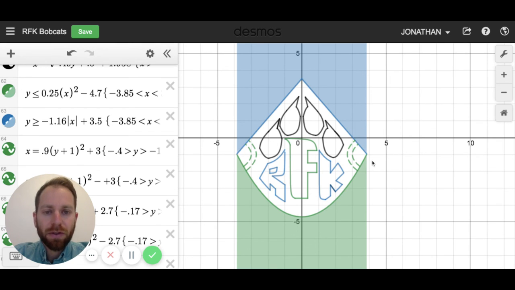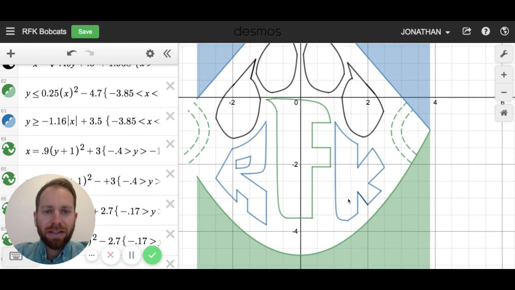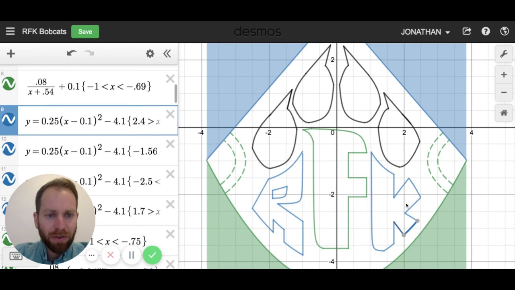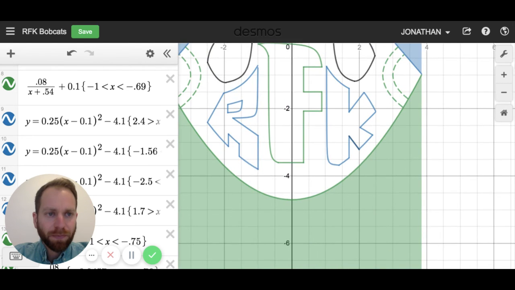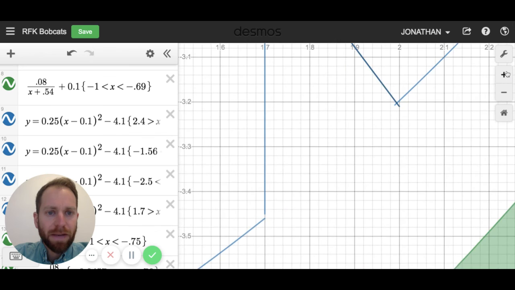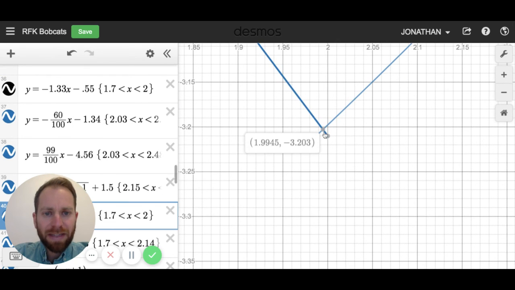But one thing that I'm still struggling with a little bit is getting things exact. And when I say getting things exact, I mean if you really zoom in far, let's look at where this K meets down here. If you really zoom in, you can see that there are some corners that don't really meet exactly.